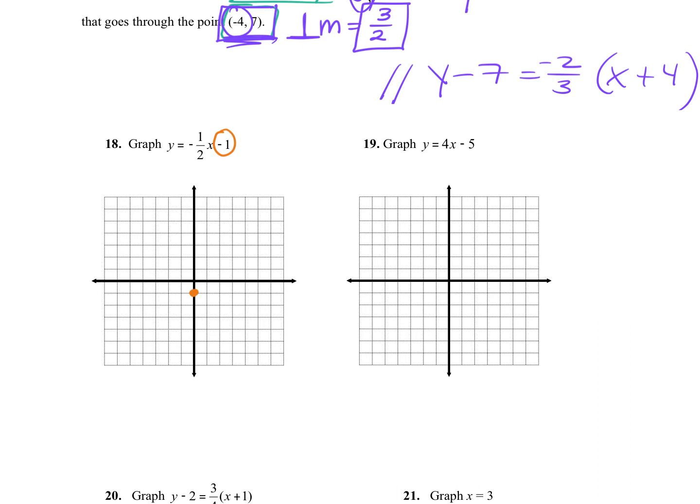Rise over run, right? So up and down first and always to the right. A negative 1 is going to go down 1 and then 2 to the right and plot that point. If you want to do a few more, down 1 to the right 2, you can. This would be your line.